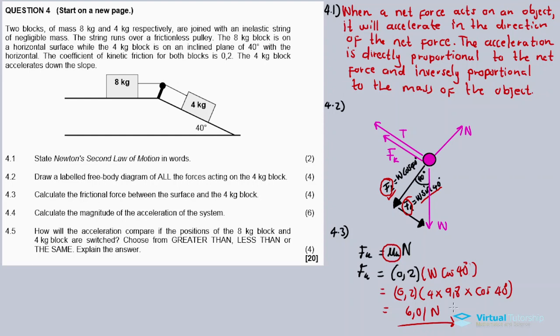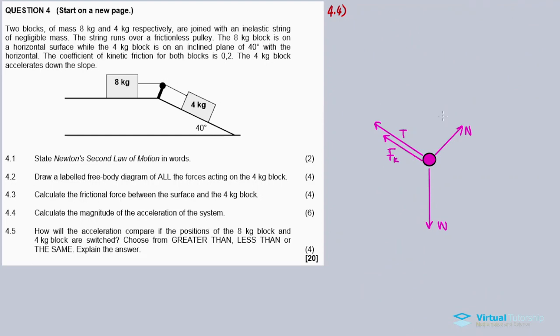Okay, 4.4. I'll start with the free body diagram for the 4 kilogram block. Why? We will use it in setting up the equations for the system of simultaneous equations. By the way, in Newton's second law, if ever you are to calculate a tension or acceleration, you need a system of simultaneous equations.